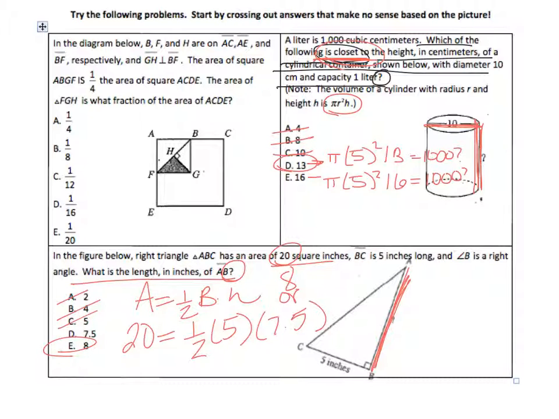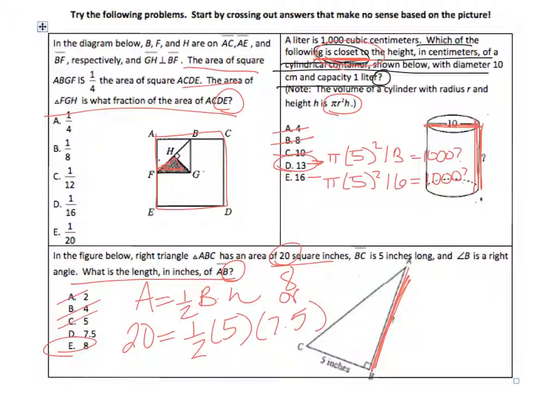Okay, and the last one. Question mark, and read the sentence before. It says the area of FGH is what fraction of the area of ACDE? Okay, well, here's the triangle that it's talking about, and it wants you to compare it to the area of the whole square. Okay, I'm going to read one sentence before this.